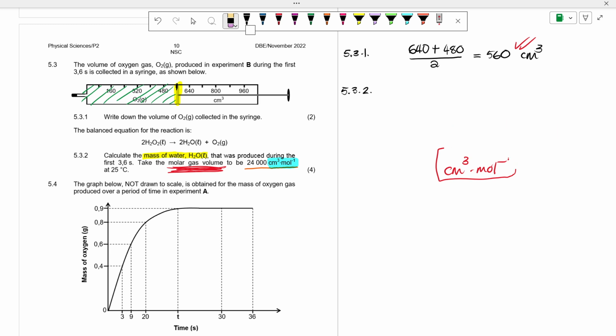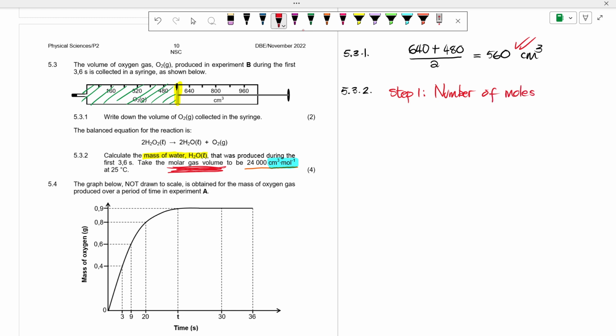So what is the thought process here? What are we supposed to do to end up with the mass of water? We always start with the number of moles. So you need to find the number of moles. That's your step one. Every time you do stoichiometry, always find the number of moles.